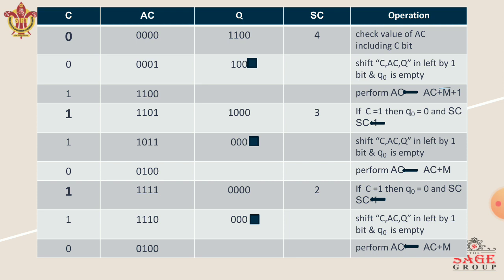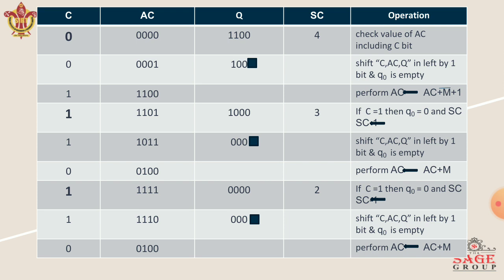So shift C, AC and Q left by 1 bit, and Q0 is empty after shifting. After shifting, C is 0, AC is 0001 and Q value is 100, and Q0 is empty.